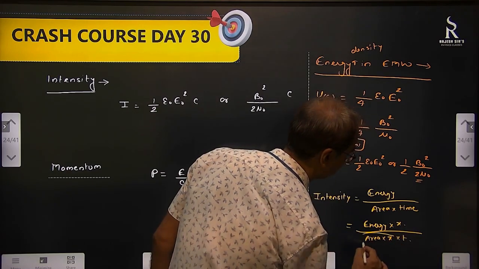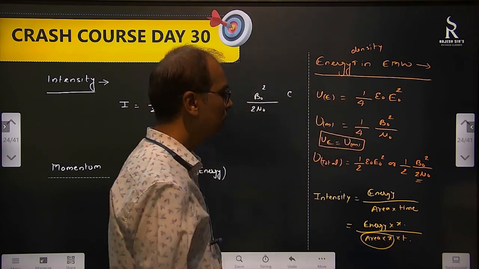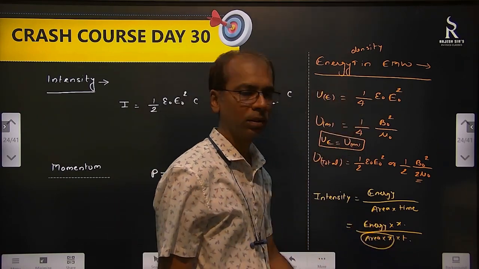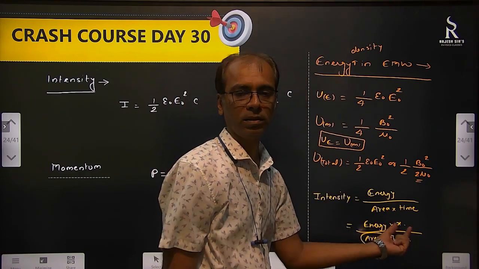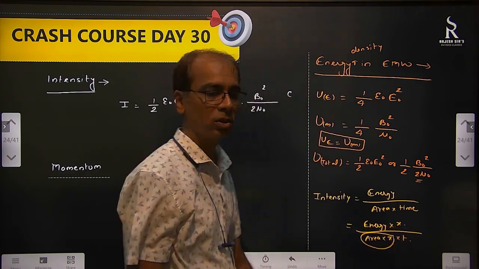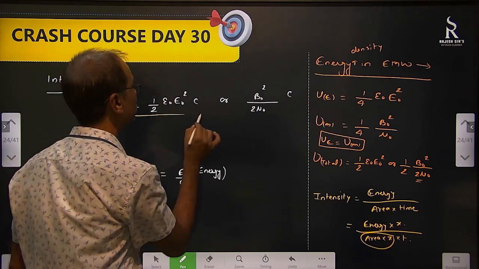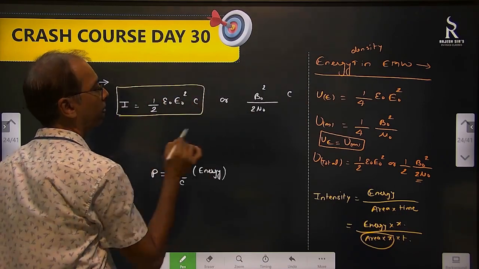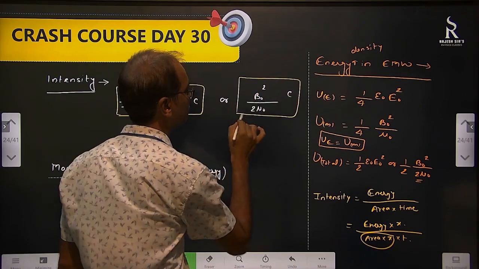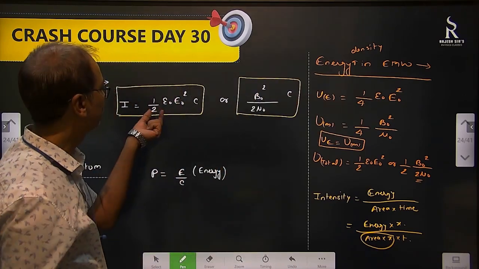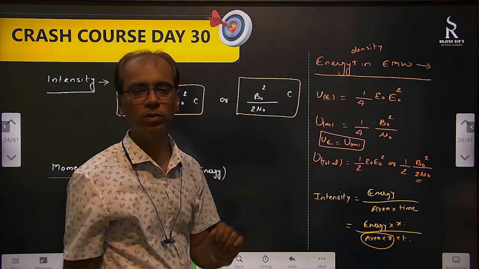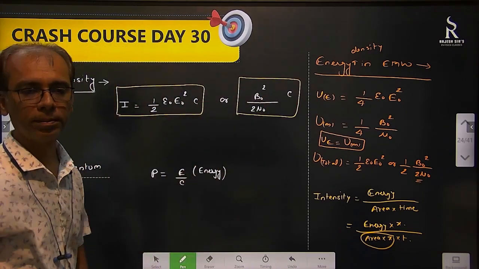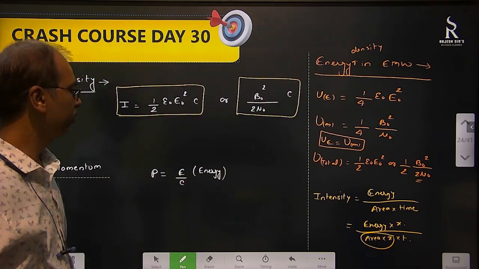Now this becomes volume. So energy by volume, energy by volume is energy density. x by t, distance by time, speed. So intensity comes out to be energy density into speed. Half epsilon naught E naught square into C you write, or B naught square by 2 mu naught into C you write. So this is the intensity formula, intensity of electromagnetic wave.